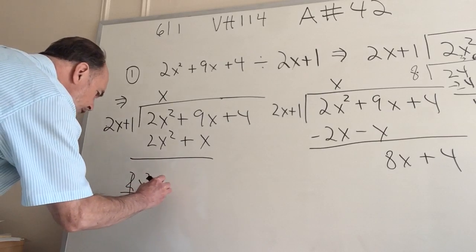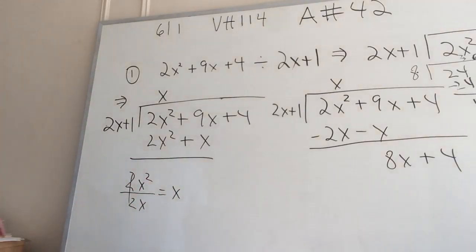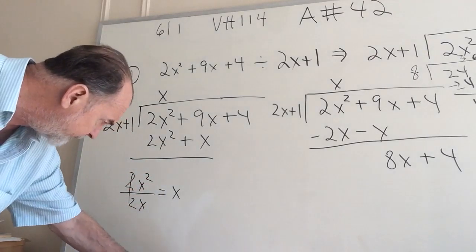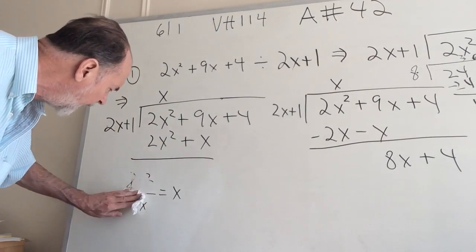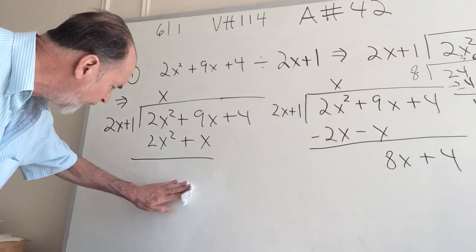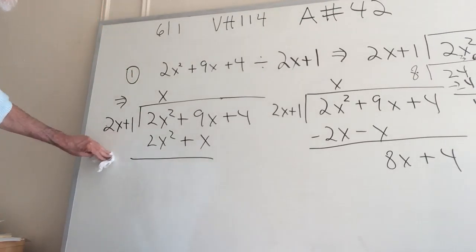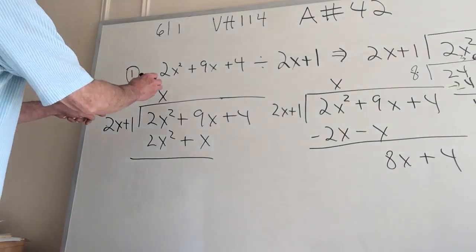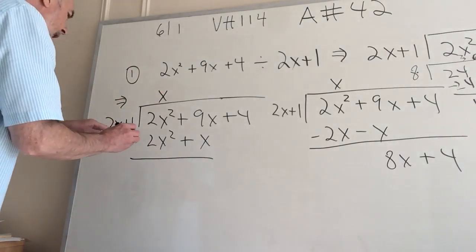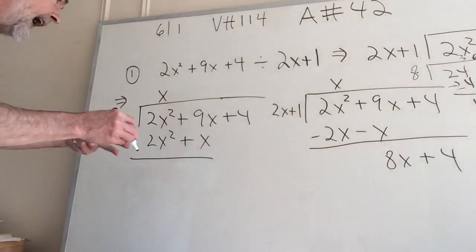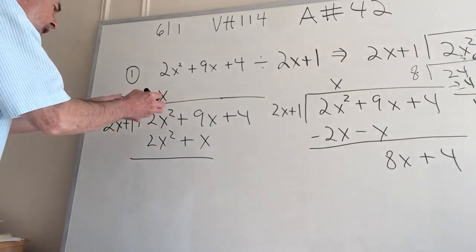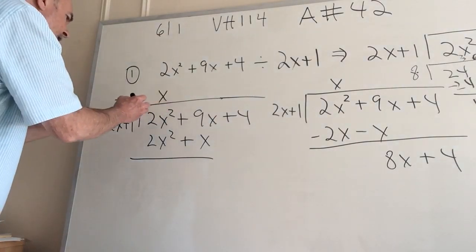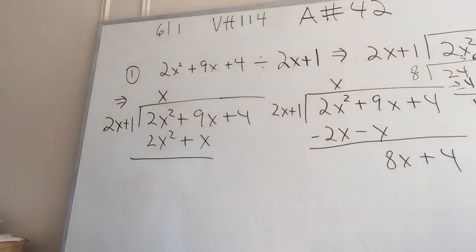And no matter what you do, you get x. So if you're ever confused, that's one way. The other way is to just multiply backwards. So I stopped here when I multiplied x times 2x to get 2x squared, and since it's a binomial, x times 1 is x.